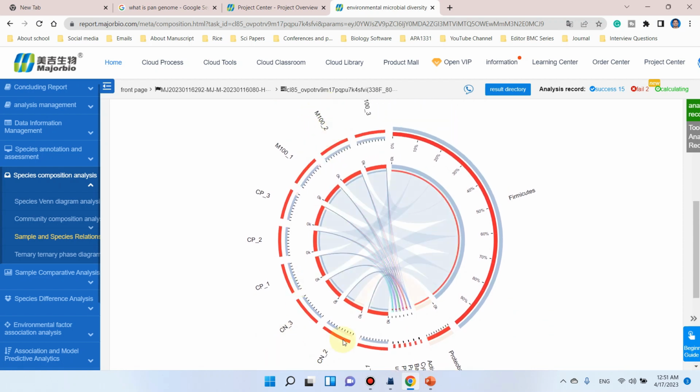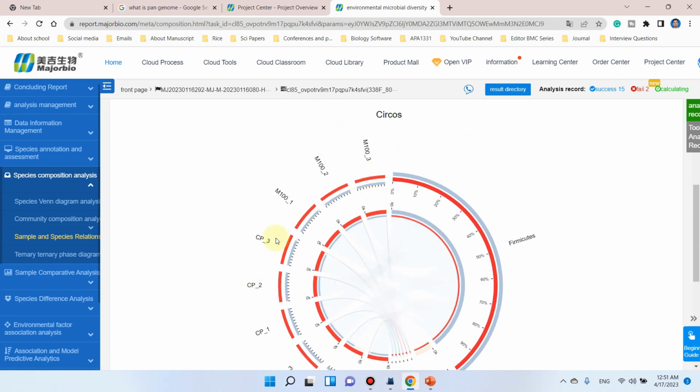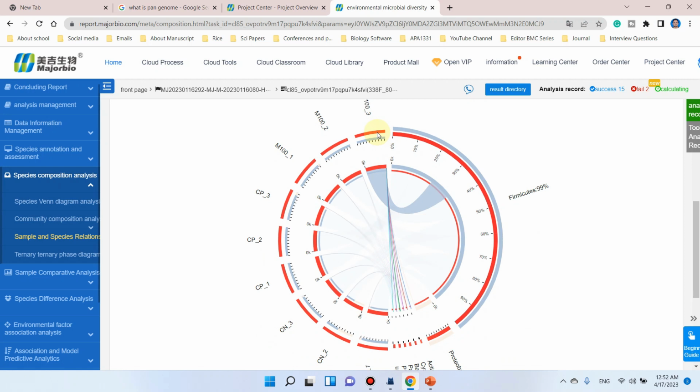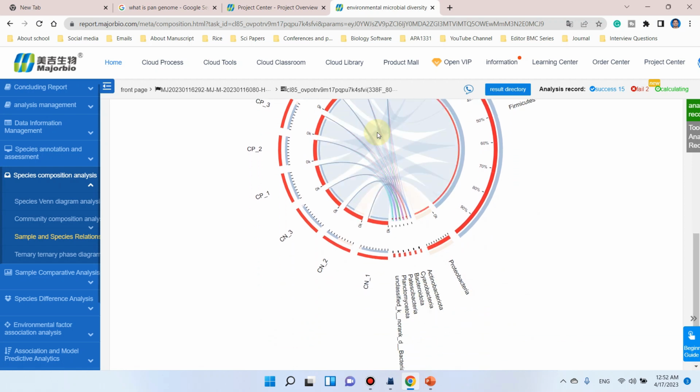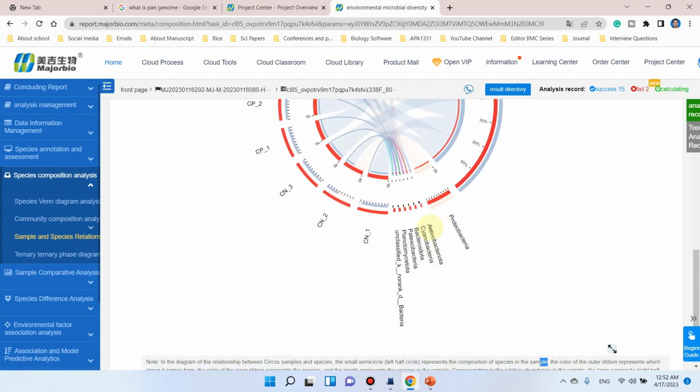But in comparison to the control negative, it is still low, and in comparison to the control positive, it is more. If we try to associate the relationships, you can see it has a high relationship with the firmicutes as well. And it is also showing a linear relationship with actinobacteria, cyanobacteria, bacteroidetes and others.